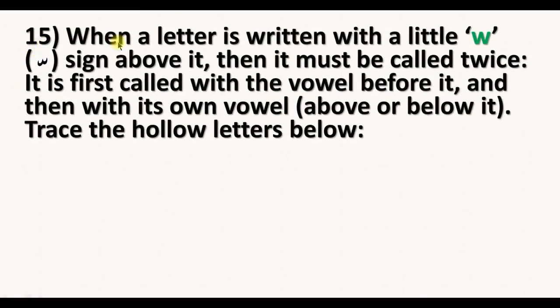Number 15. When a letter is written with a little W sign above it, then it must be called twice. It is first called with the vowel before it, and then with its own vowel, either above or below it. Trace the hollow letters below.